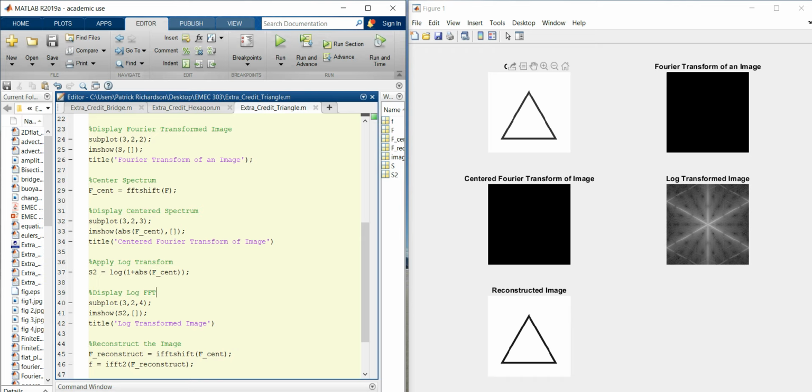If our original image was a square, we would only have two lines, because of the four sides that make the square, two of them are parallel. So you would have two different edges, and that's what would be shown in this log of the transformed image.